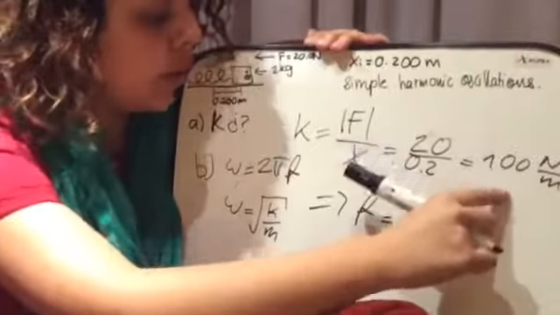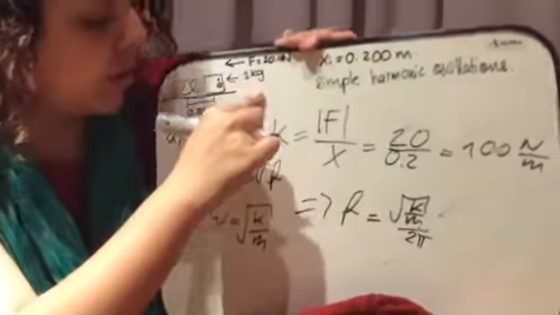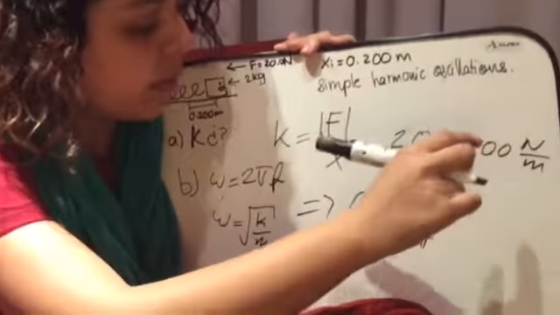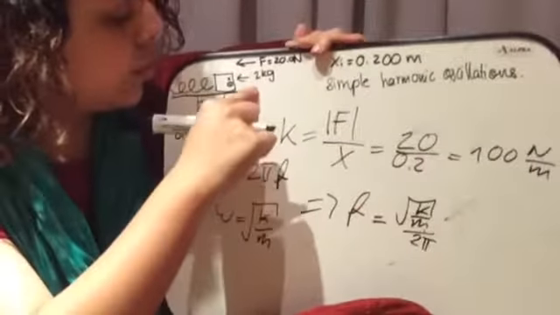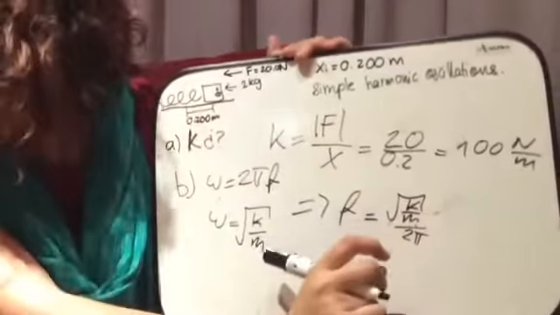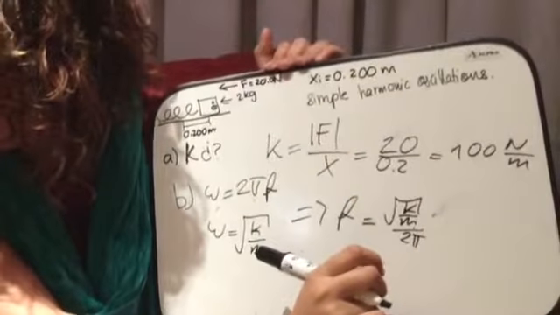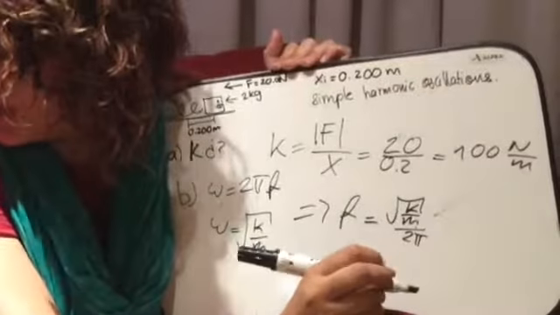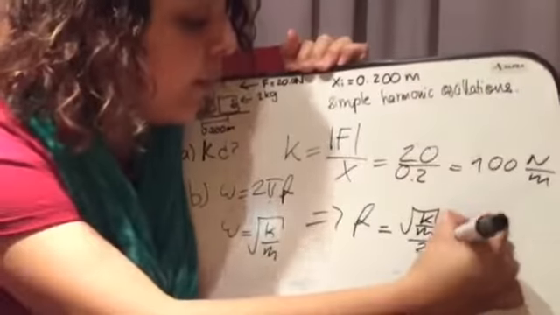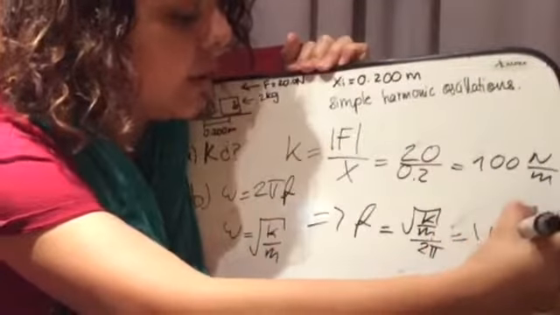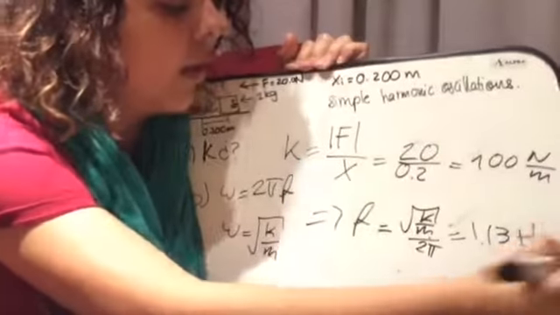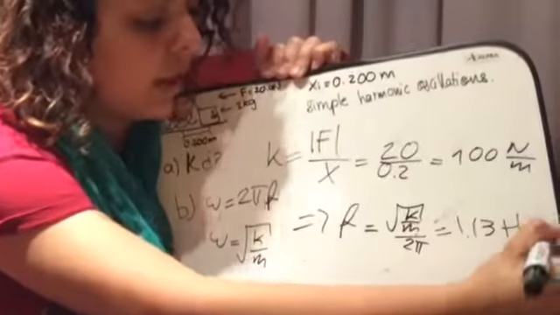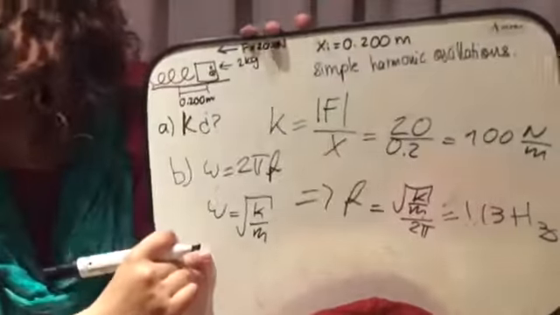We have k, which is 100, and m, which is 2 kilograms. So this is the square root of 100 over 2, which is 50, divided by 2 pi. This gives us a total of 1.13 hertz. That's the answer for letter B.